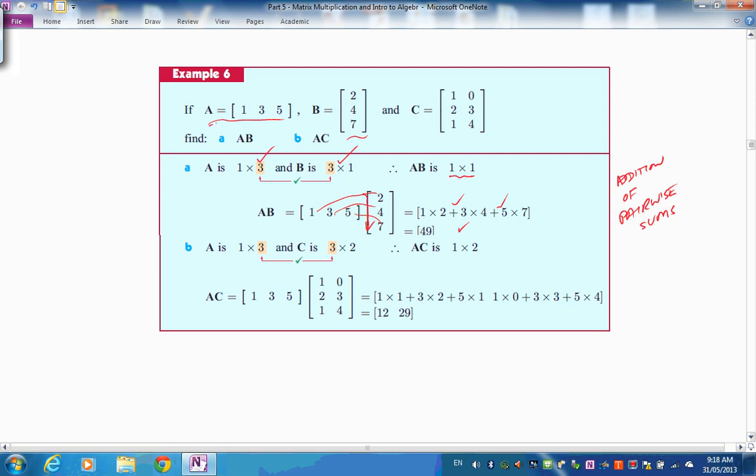Now, A is a 1 by 3 and C is a 3 by 2. Can you remember this? It's got 3 rows and 2 columns. So let's check it out. Yes, they match up. If we have this row in A diving, it will match up down here perfectly. So it's doable. We say that the matrices conform under the process of multiplication.